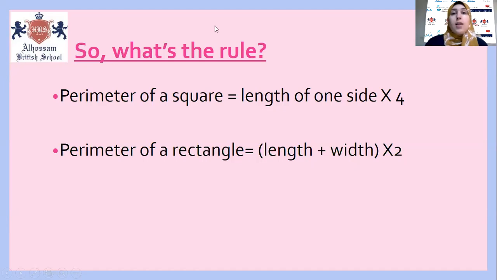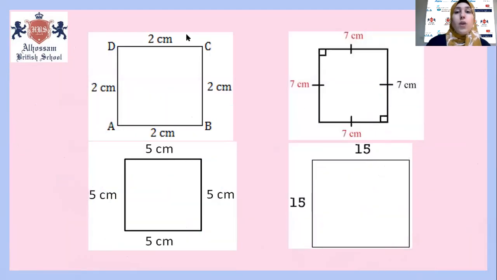Now, we have some squares and we need to know the perimeter of them all. Let's start with the first one. The length of the side of this square equals 2 centimeters. Do you remember the rule of the square?